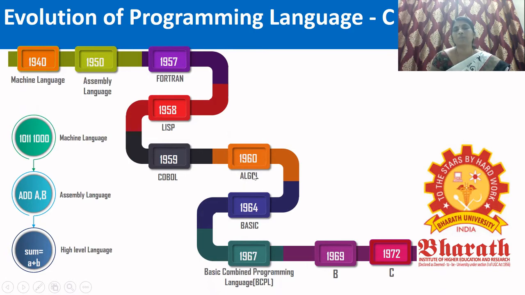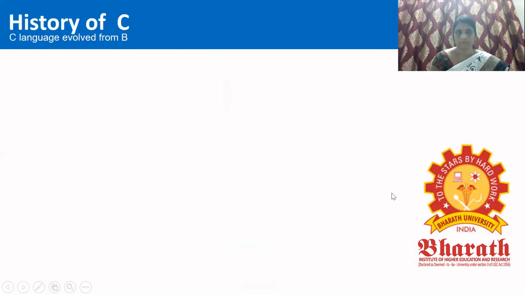The first program under that is ALGOL. Then in 1964, the BASIC language evolved. And in 1967, Basic Combined Programming Language, which forms the basis for the B language in 1969. And then in 1972, we had the C language.